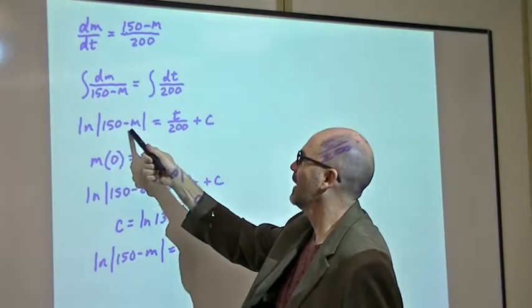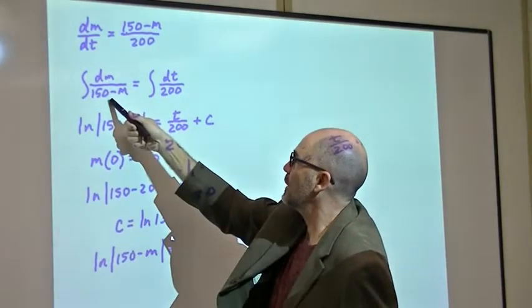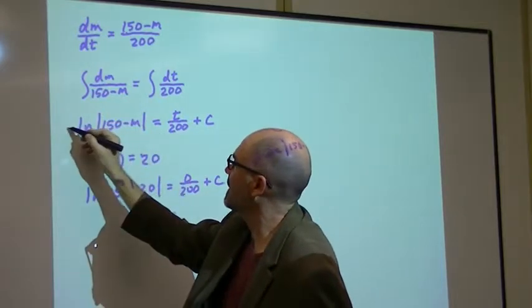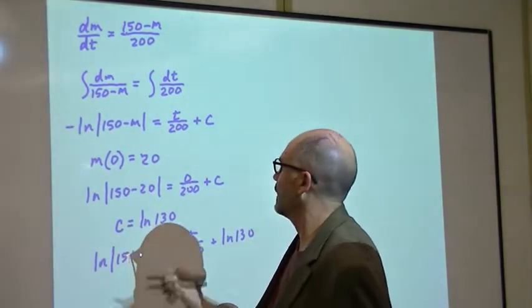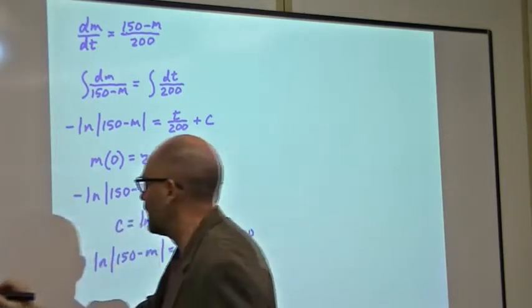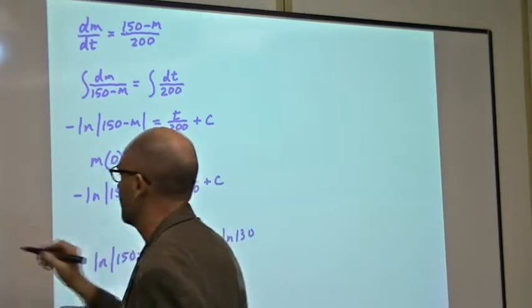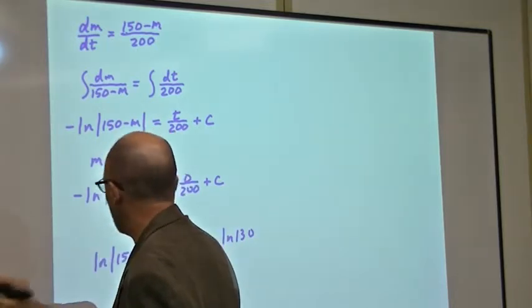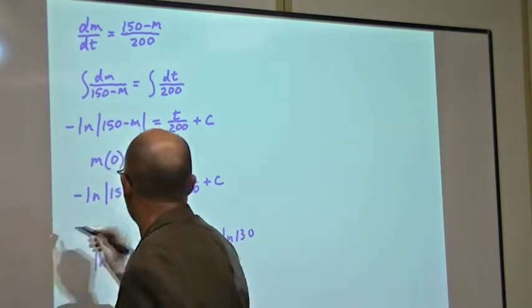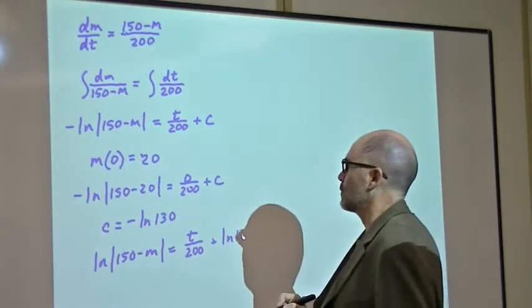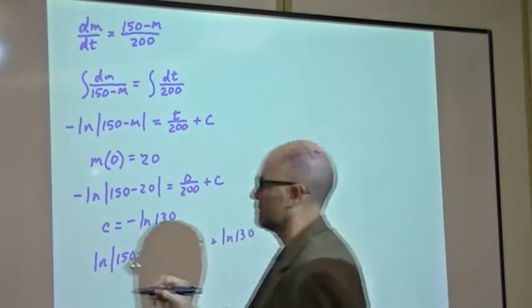Okay, so notice when we took this integral, you have a minus m here. So this has to be the negative natural log of 150, and this is negative natural log 150. So c actually equals the negative natural log of 130.